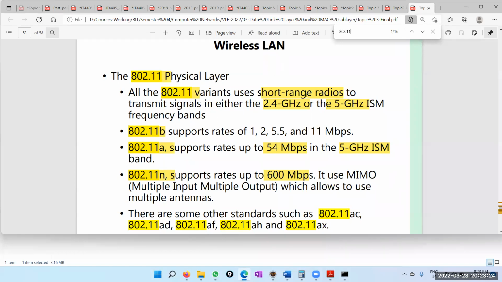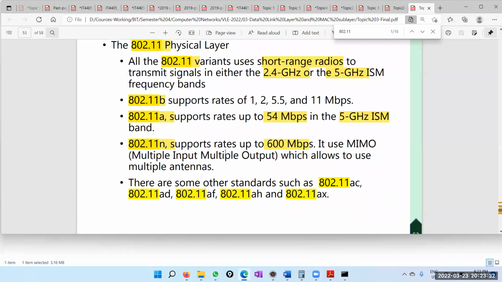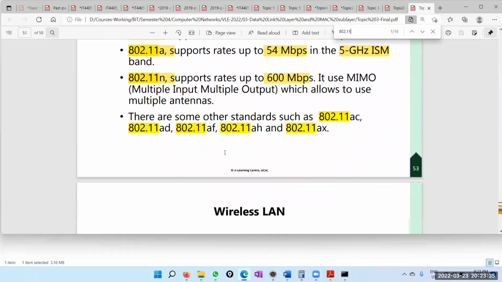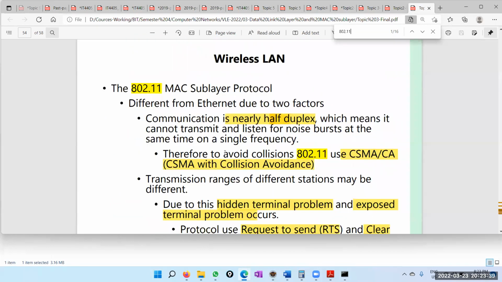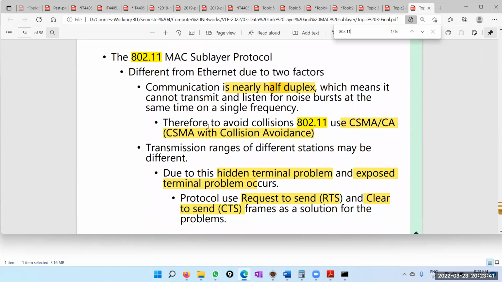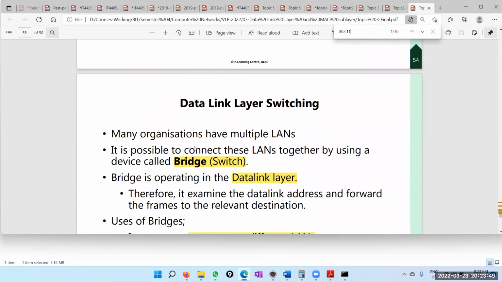802.11 short range radios, so that is 2.4 gigahertz or 5. So that is Wi-Fi, CSMA/CA is used. Again, it's 802.11, right?